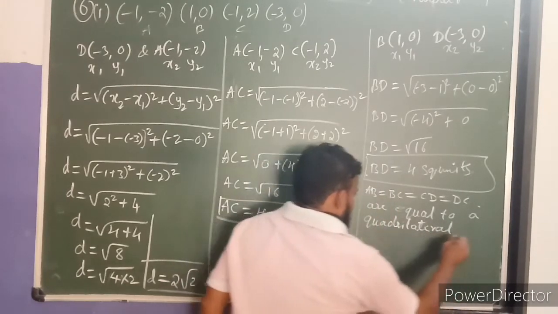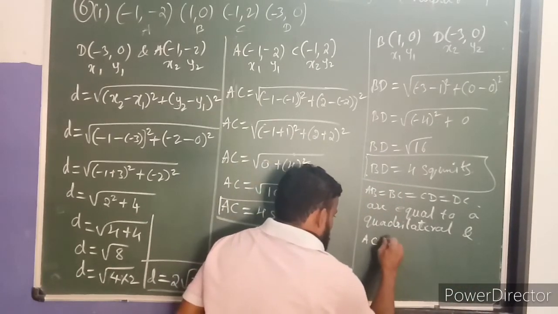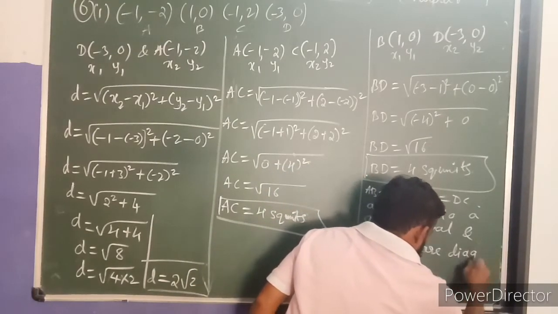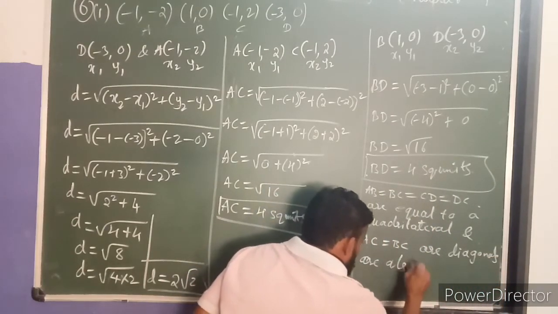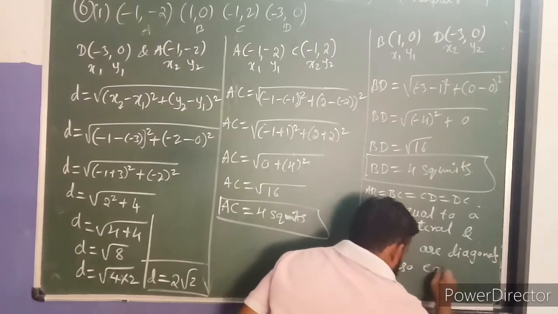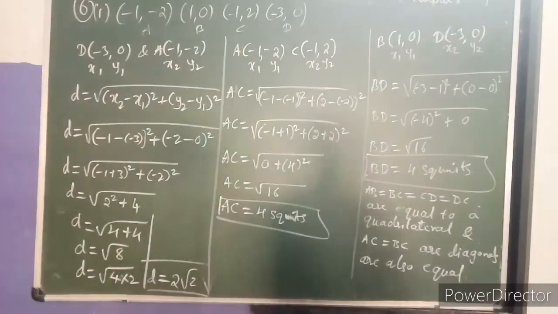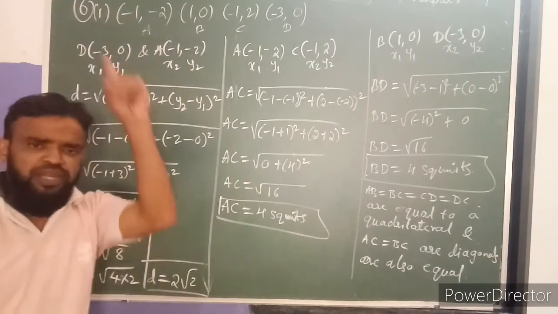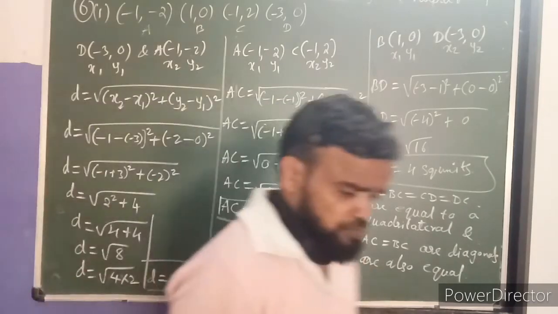Then AC is equal to BD, the diagonals are also equal. This is the final answer. So we got it step by step. The first one I have solved. The second one and third one, you have to solve by yourself. Now copy that.